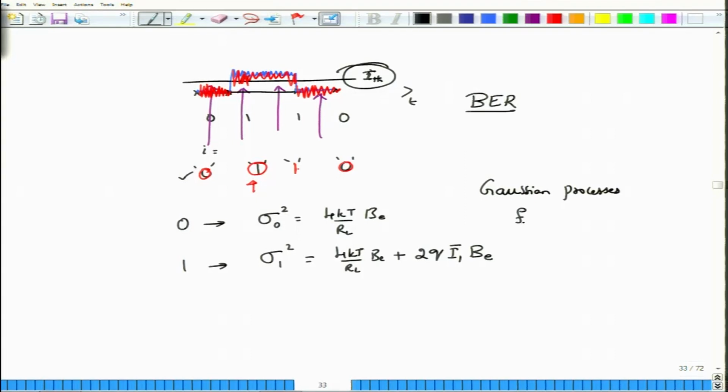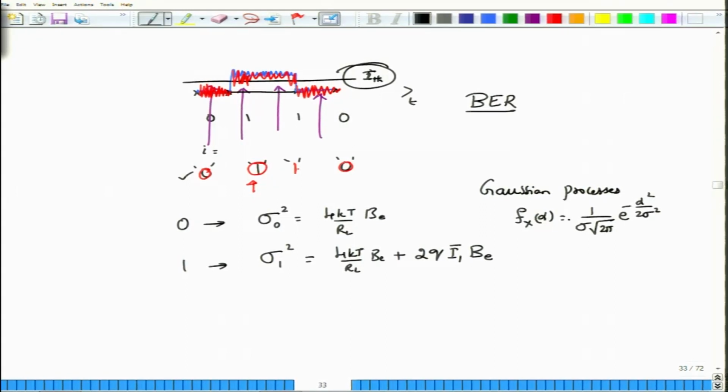The probability density function of a Gaussian random variable x, which can take a value of say alpha, is given by 1 by sigma square root 2 pi times exponential of minus alpha square by 2 sigma square.